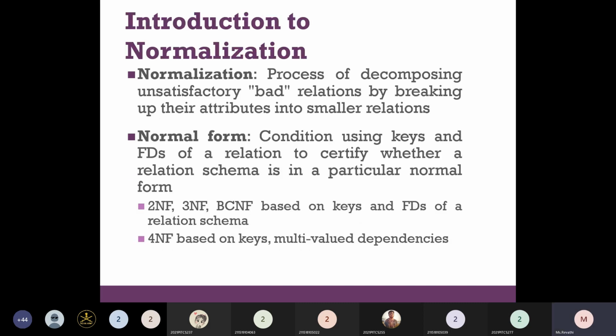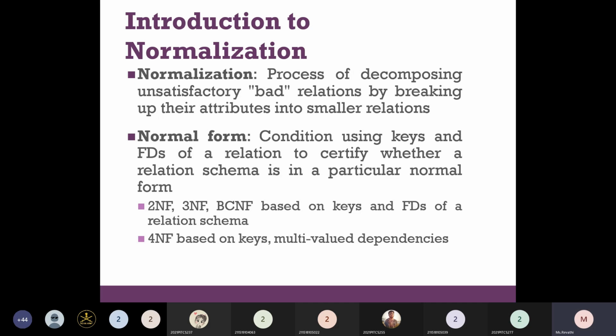So let's start with normalization. Before proceeding with normalization, so far we have discussed the key terms we must be familiar with. What are the important key terms?